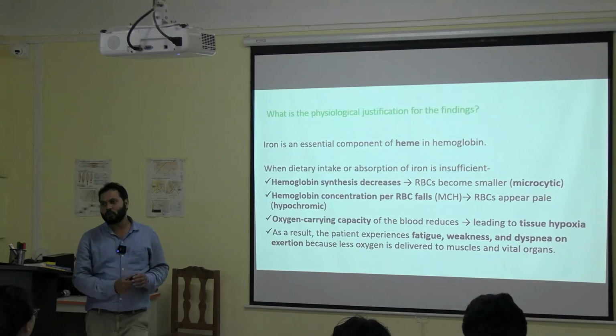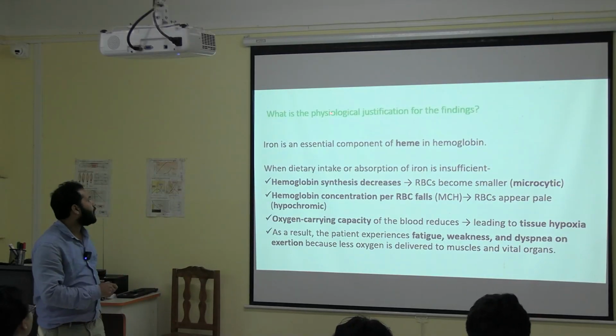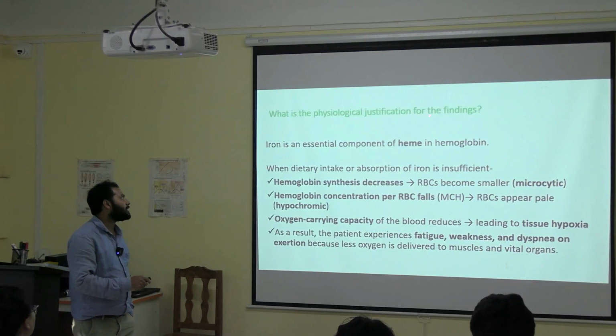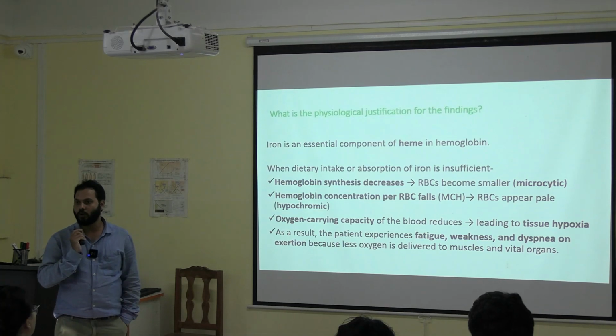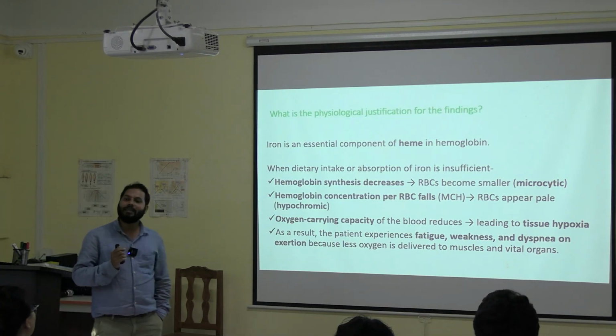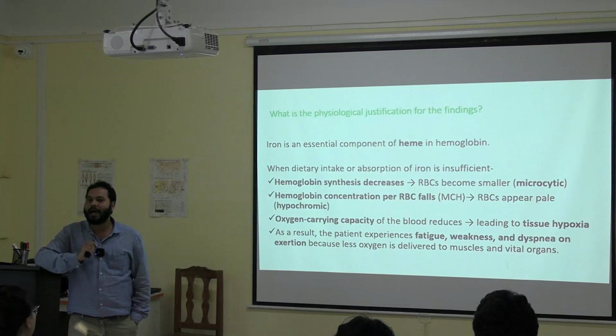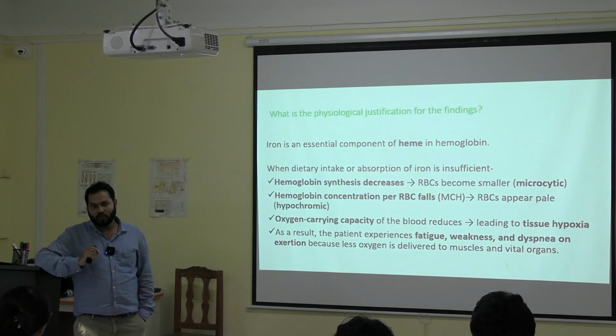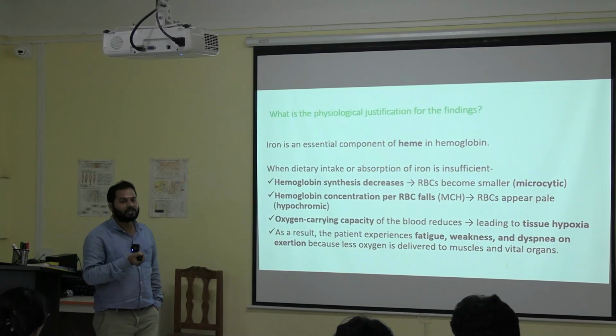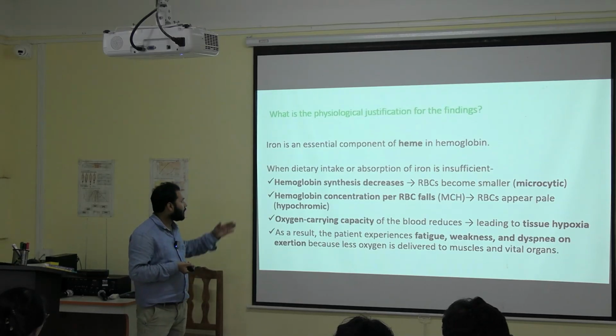Now, in this question, it is asked, what is the physiological justification for these findings? We already said that yes, it may be iron deficiency anemia. So, what would be the proper justification for this?